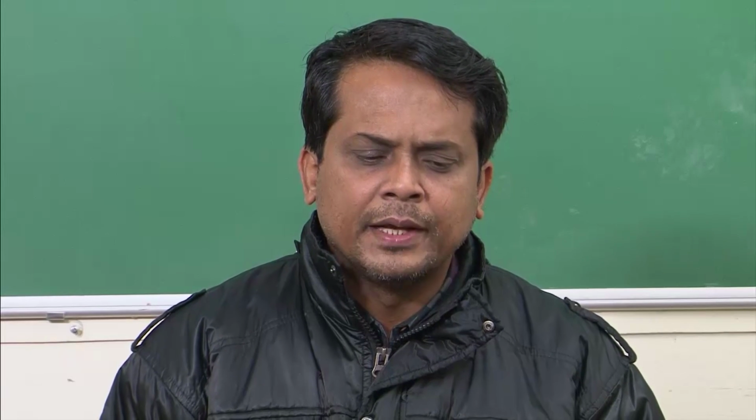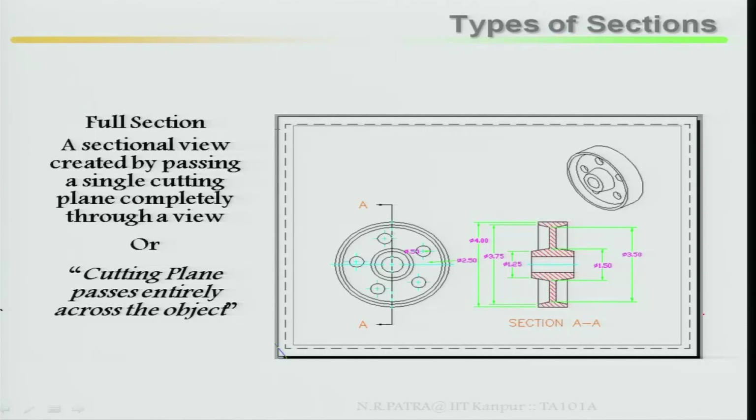The cutting plane passes entirely across the object, and that is called your full section. Look here. In this case, the cutting plane passes through the entire object, so I can see what is inside the entire object.